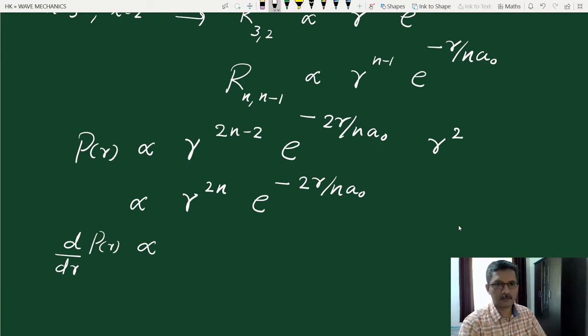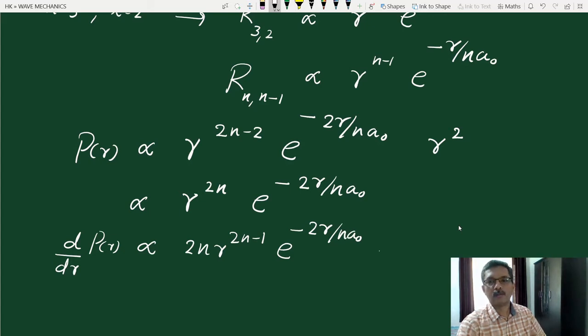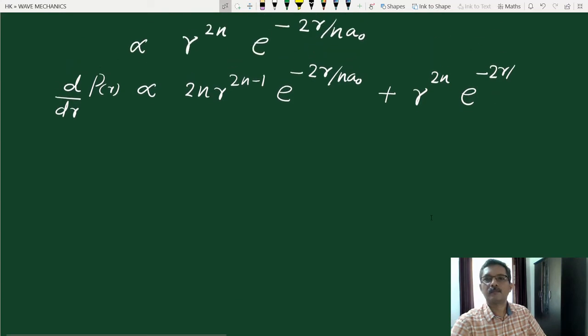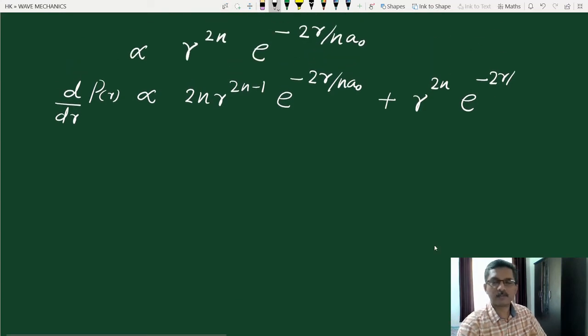So this part will be 2n r raised to 2n minus 1 e raised to minus 2r by n a0, plus r raised to 2n times e raised to minus 2r by n a0 times minus 2 by n a0.